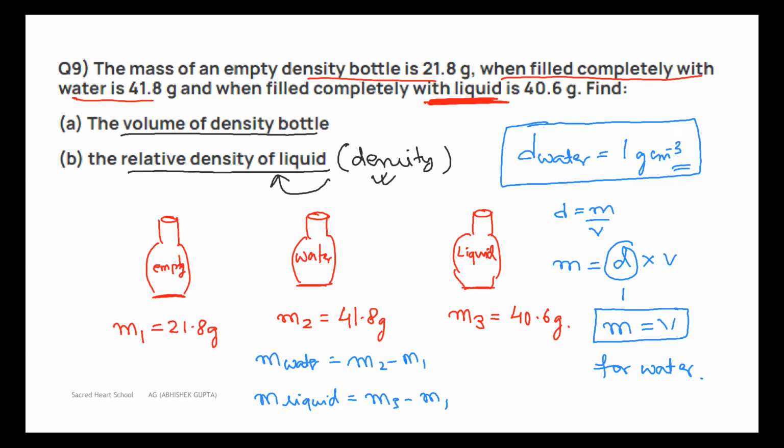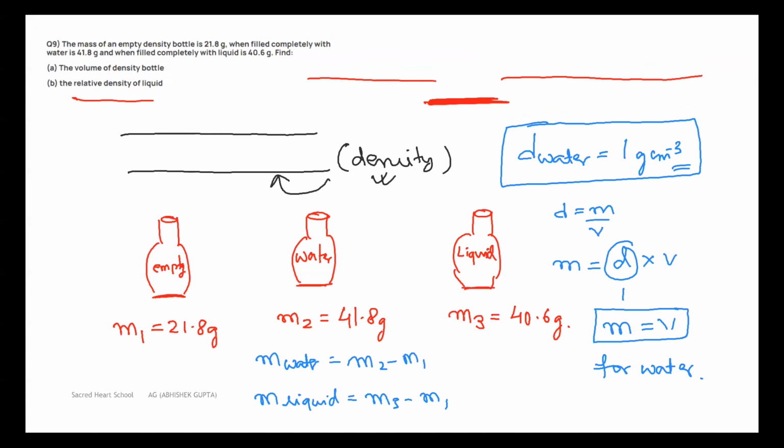Let me solve this for you. First look at this problem, then the rest you will do. Solution, given. This is a very important question. Mass of empty bottle is given, we denote this by M1 and it's given to be 21.8 gram.